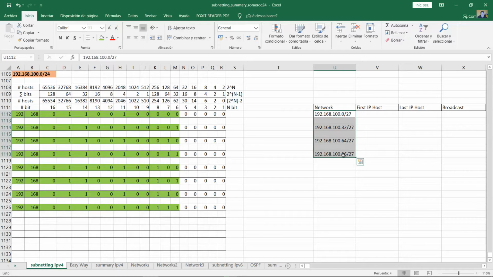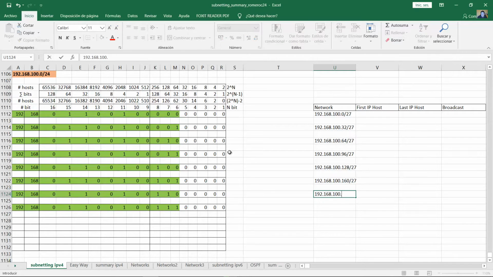And you will see a pattern here. 0 plus 32 is 32, 32 plus 32 is 64, 64 plus 32 is 96, 96 plus 32 is 128, 128 plus 32, 160, 160 plus 32, 192, 192 plus 32 is 224.